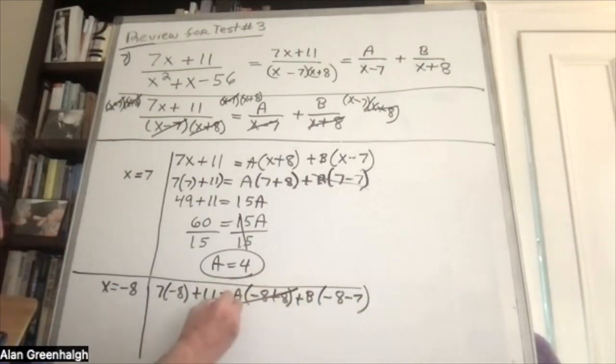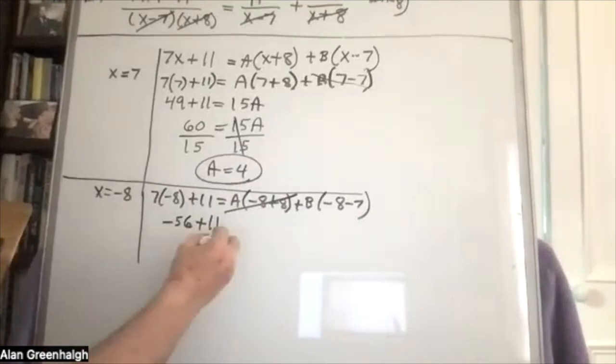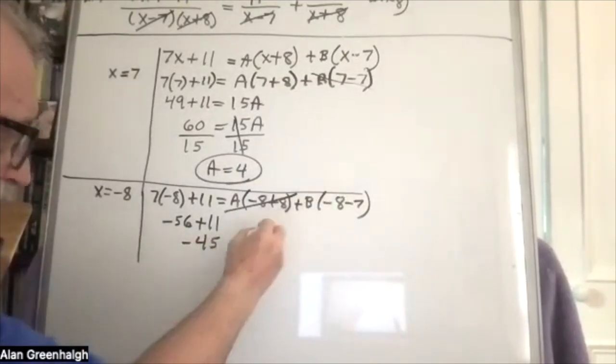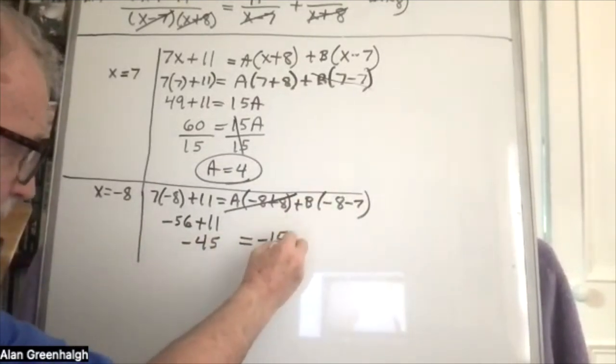This drops out because it's 0. This is -56 plus 11, which comes out to -45. And that will equal -15b.